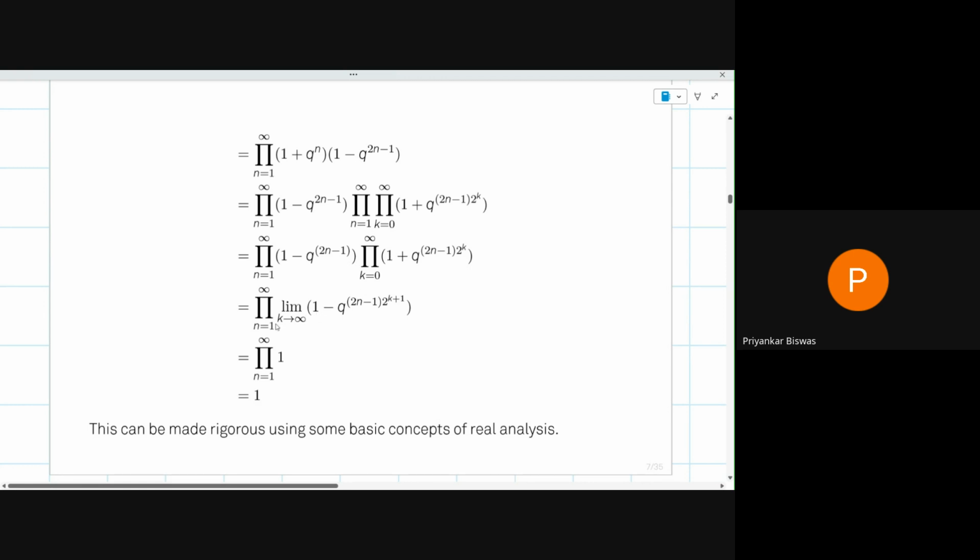So the expression will be the limit as capital K tends to infinity of 1 minus q power (2n minus 1) 2 power (capital K plus 1), and this would be 1, and the product over all natural numbers gives the final result 1. You can make this more rigorous using some real analysis, but for now, is this proof okay?